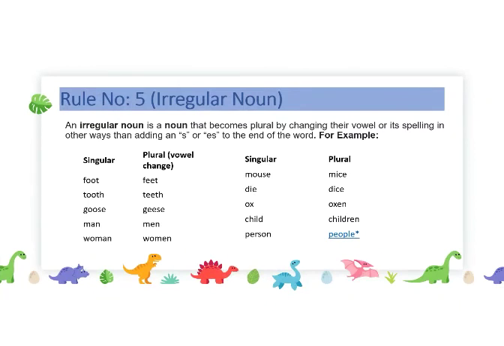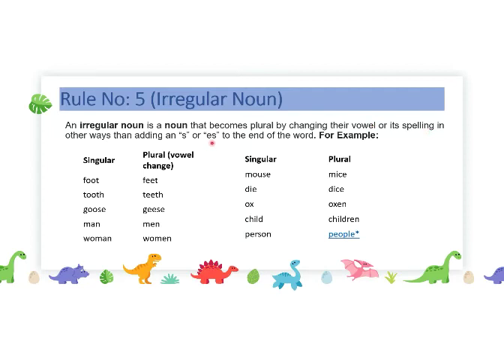Rule number 5. Students, this rule number 5 teaches some irregular nouns. What do you mean by an irregular noun? An irregular noun is a noun that becomes plural by changing its vowel sound or its spelling in other ways, rather than adding s or es.